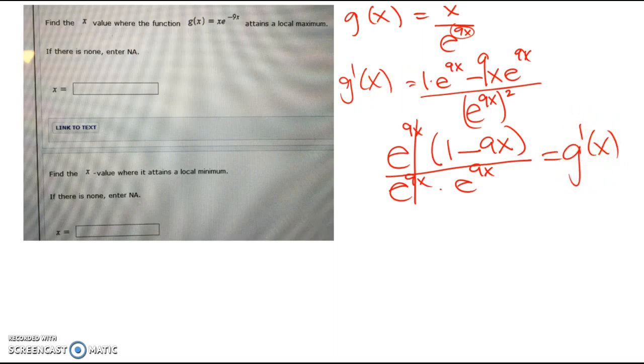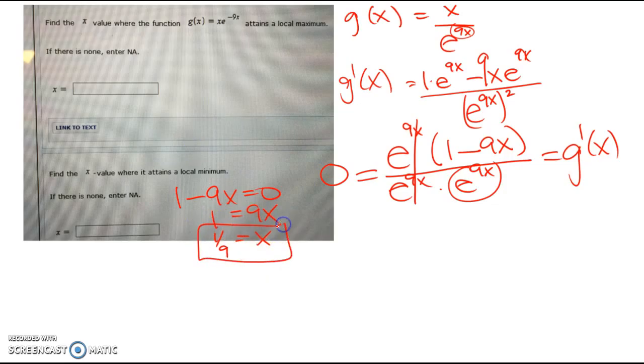Now, if I set this equal to 0 to find the critical points, what you want to notice is that this exponential, e to the 9x, will never be 0. So the only thing you need to worry about is that numerator. So if I take the numerator, 1 minus 9x equals 0, and I solve, I get x equals 1 over 9. Okay. Now, this is where I have a critical point.